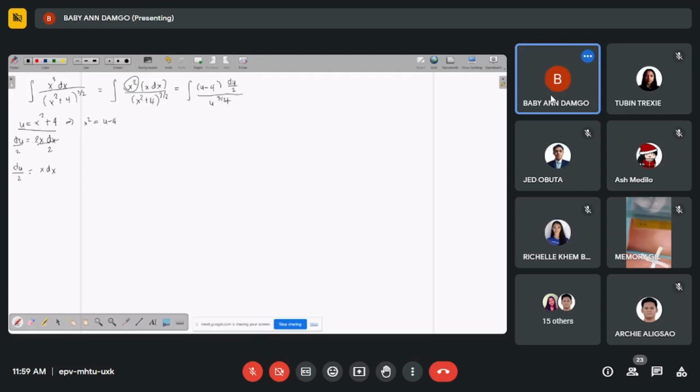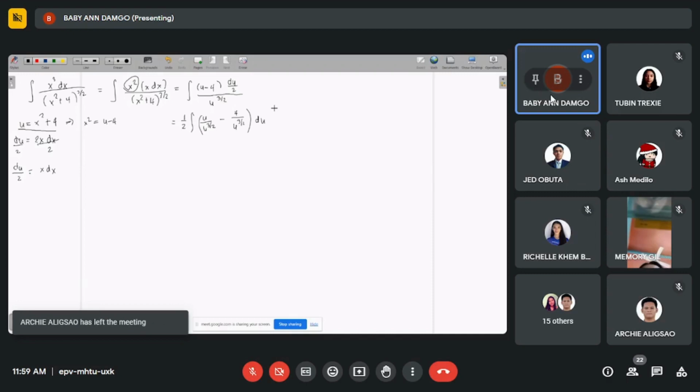Okay, so simplify, we have 1 half outside the integral, and then so we have u over u to the power of 3 halves du, okay, minus 4 over u to the power of 3 halves du.